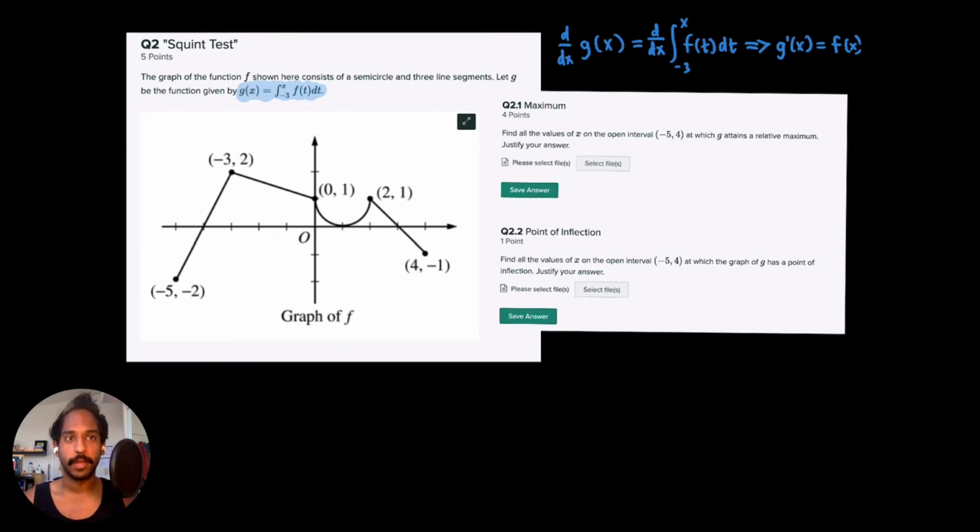They are the same thing. And so because they're the same, this graph of f is also the graph of g prime.